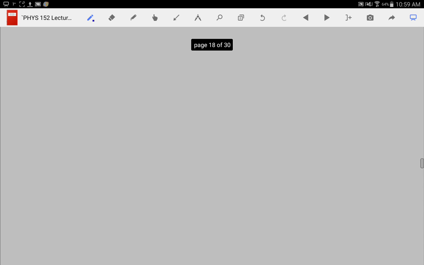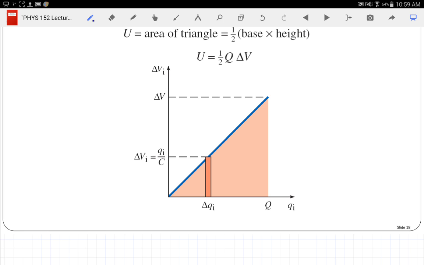Without calculus, that's covering the rest of you, more than half, what we do instead is make a graph. On the vertical axis, we put the voltage difference across the plates. The horizontal axis, the charge that's moved. And just like before when we talked about making a graph of the velocity versus time, or the force versus distance, we calculate the work was the area under the curve.